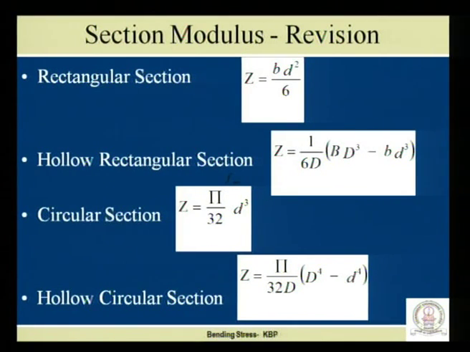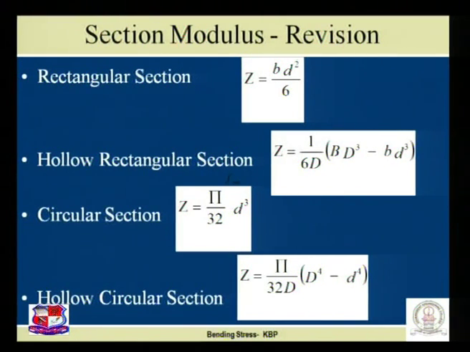We have also derived the four different equations of section modulus for rectangular section, hollow rectangular section, circular section and hollow circular section. If we take the first one, that is rectangular section, then Z is equal to bd square by 6, where b is the width of section, d the depth of section.